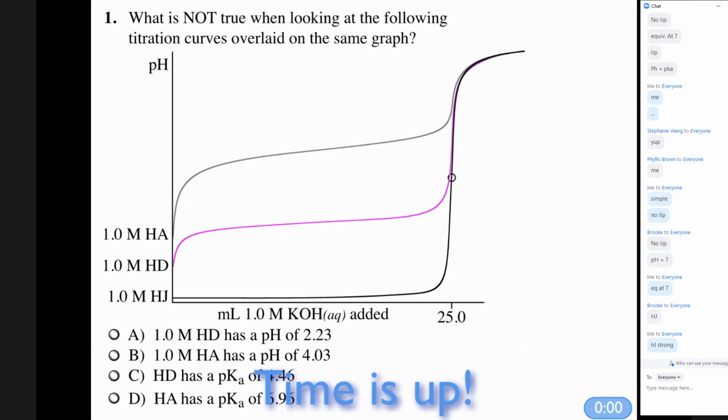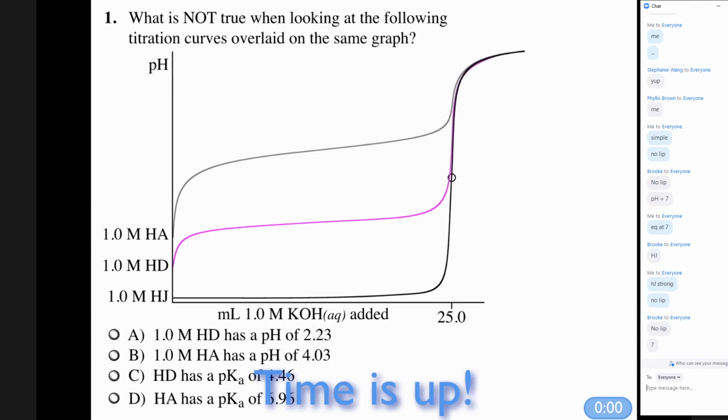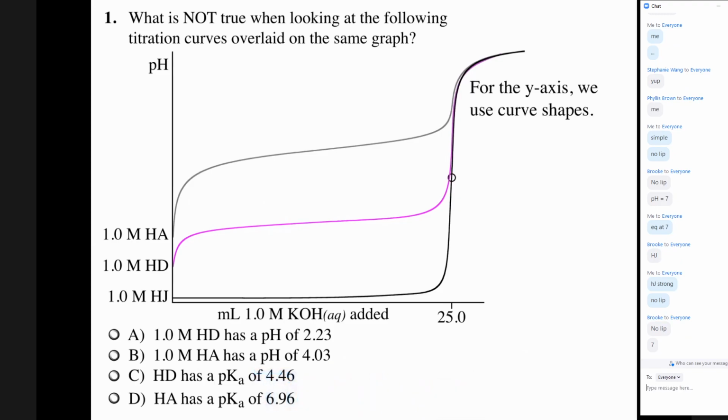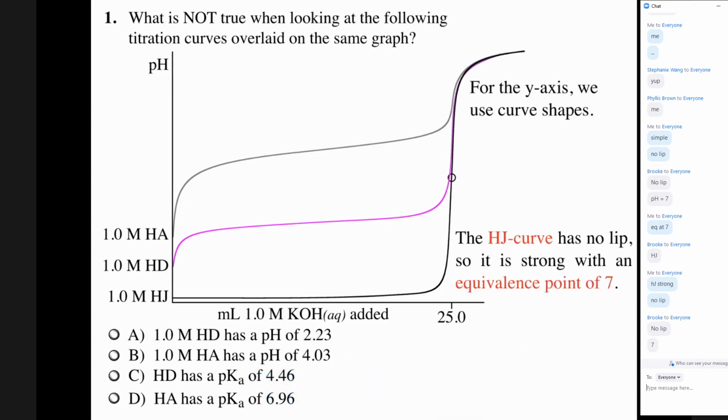How do you know? No lip. So what's the one point I know on this curve? 7. What I did to screw with you, the evil mean thing, I didn't label the y-axis. Made it much harder. But luckily, you knew this point.